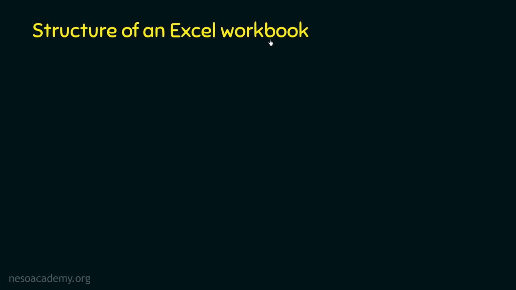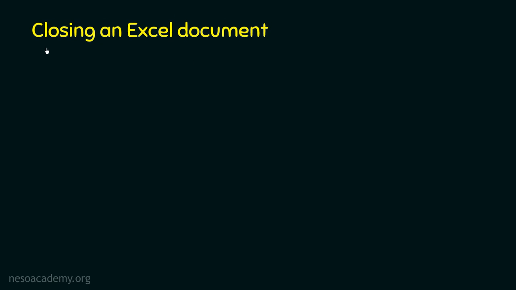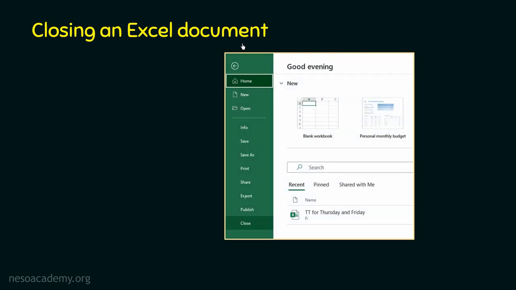Now let's take a quick peek at how you would close an Excel document. In order to close an Excel document, you have to follow some pretty basic steps. First of all, go to the File tab present right in the menu bar. Then go down until you find the Close command. If you have some data inside your Excel workbook, the application will ask you to first save your file before closing it.